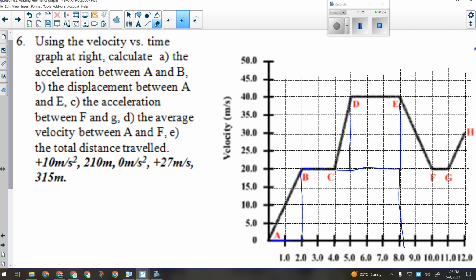Those are your shapes between A and E if you're looking at part B. For the total distance traveled, obviously you gotta go all the way across.